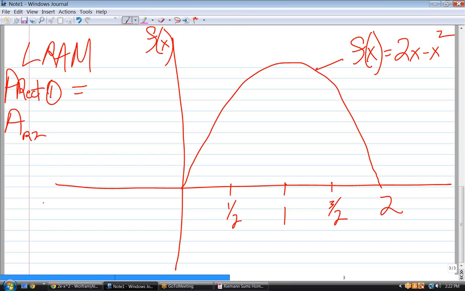So for rectangle number 1, is that the function at 1/2? If you use left ram, where is the left end of this rectangle going to be? The left end of that rectangle. Let's take the second rectangle.